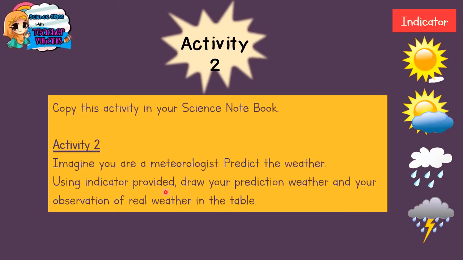Using indicator provided, draw your prediction weather and your observation of real weather in the table. This is your indicator: sunny weather, cloudy weather, rainy weather, and thunderstorm.